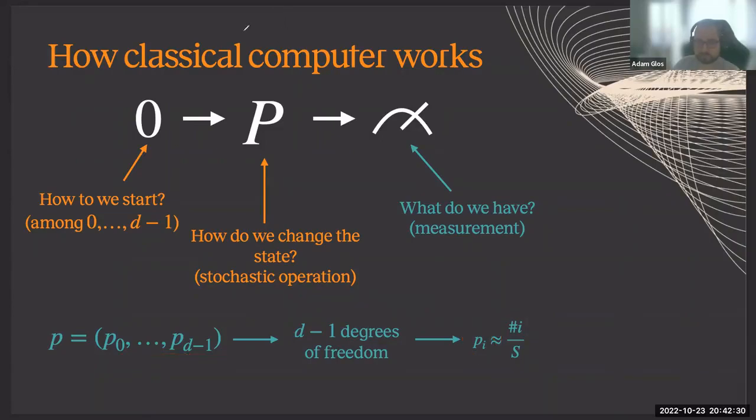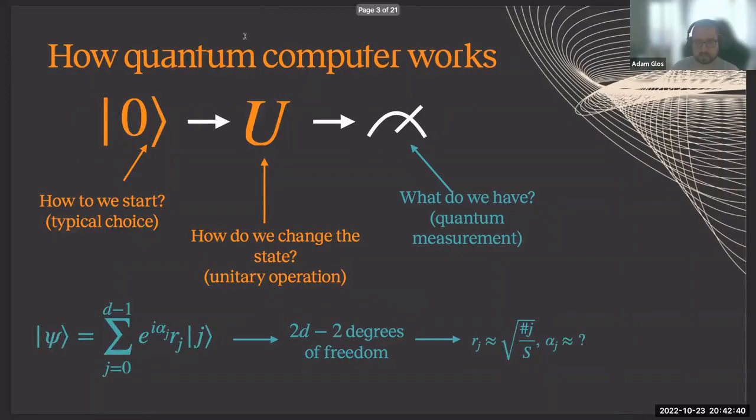Now let's see whether we have the same situation in the case of a quantum computer. So in a quantum computer, we start with some state. Let's say that the corresponding state for the 0 is ket 0. By the way, I can assume some basic understanding of quantum mechanics, right?